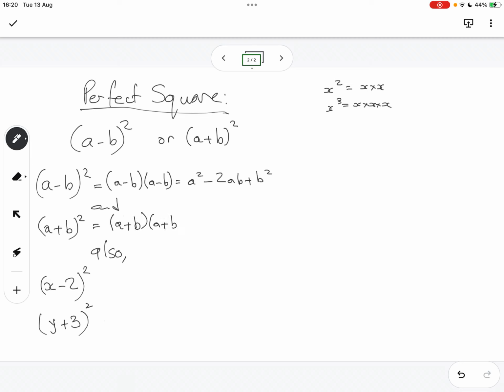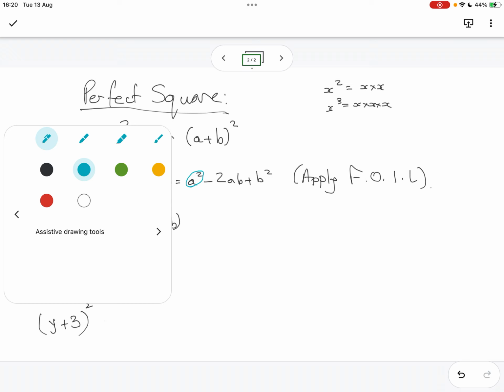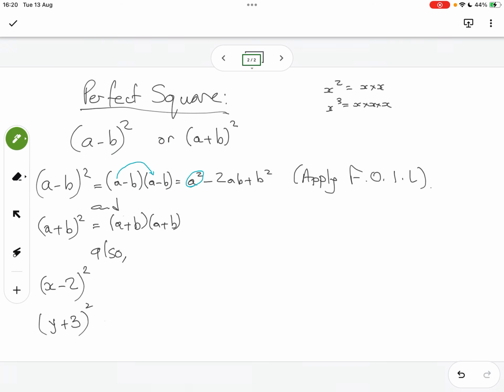And this would be a plus b, a plus b. Now here you apply FOIL in both cases. What happens is you start by multiplying the a times the a, and then you multiply the a times the negative b and the negative b times the a.